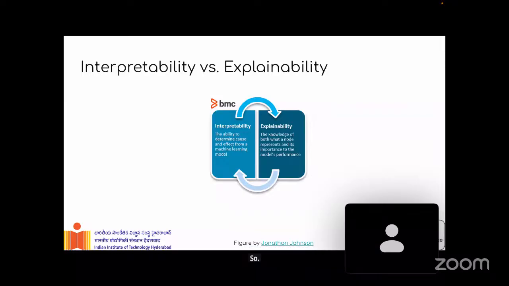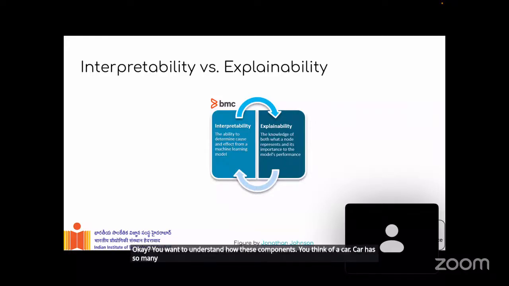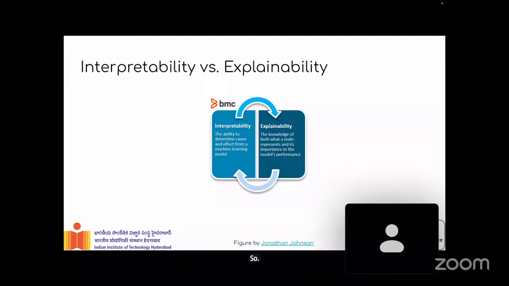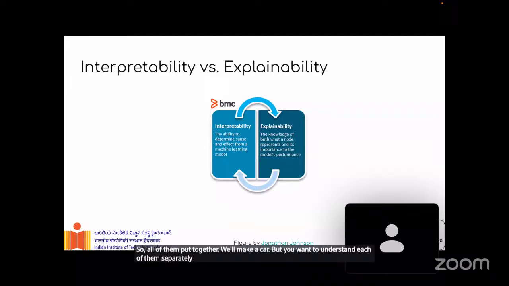So you need to understand at a modular level, layer level, or a bunch of layers together. Think of a car, which has so many sophisticated systems. All of them put together make a car, but you want to understand each of them separately. That is explainability. Is this clear?